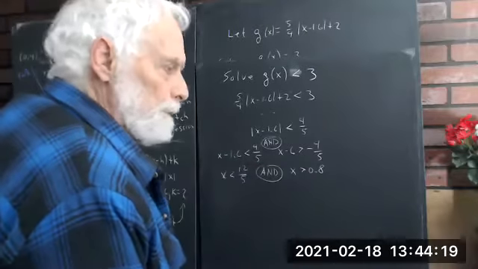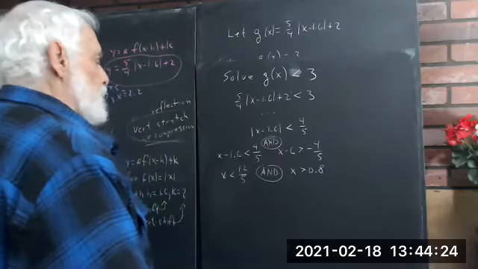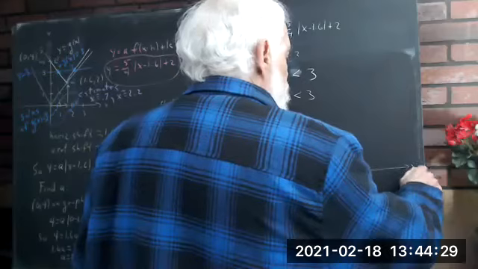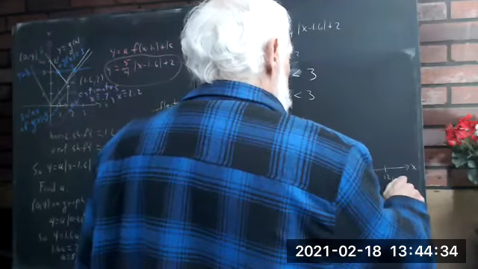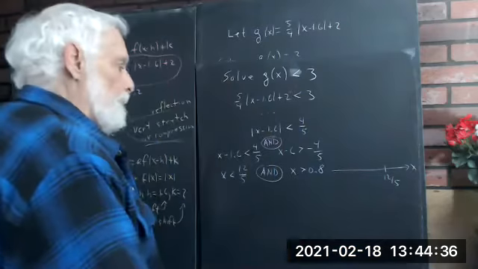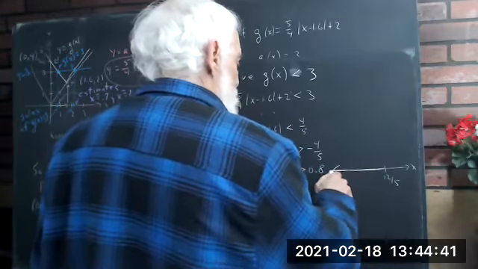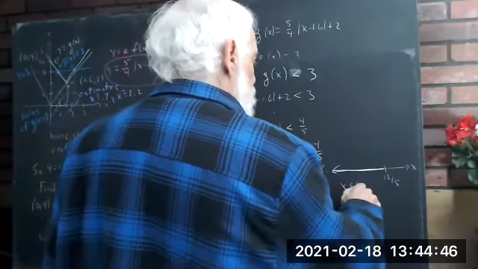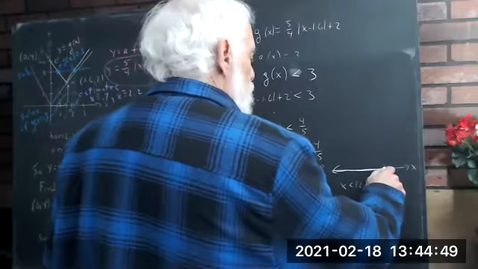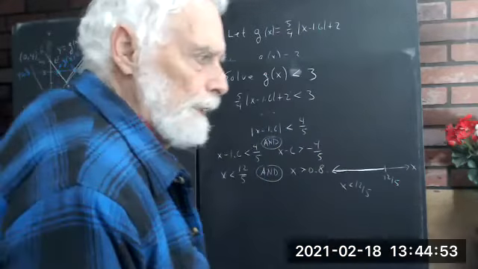But we do have the inequalities. Okay, well, x less than 12/5, if we graph this on the x-axis, if 12/5 is here, then x less than 12/5, or less than or equal, I said less than, it's okay, I'll leave it less than.